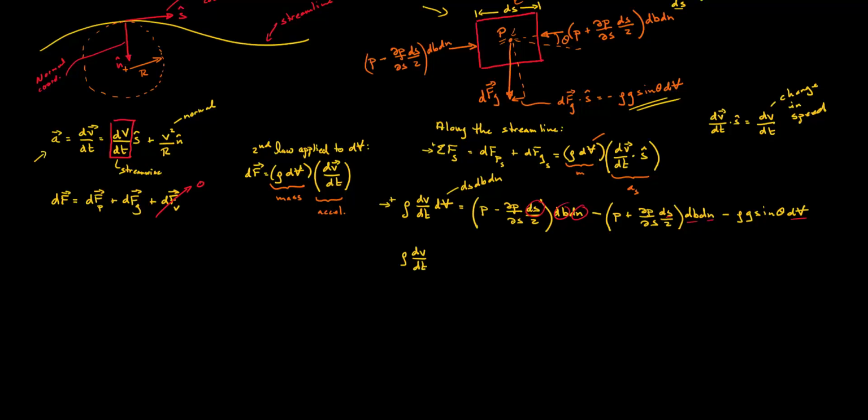The pressure terms, P and P, cancel out, so we're left with the change in pressure along the streamline plus rho g sine of theta, and all of this multiplied by dN dB ds is equal to 0. Or we can just express this as rho dv by dt plus the change in pressure along the streamline plus rho g sine of theta is equal to 0.